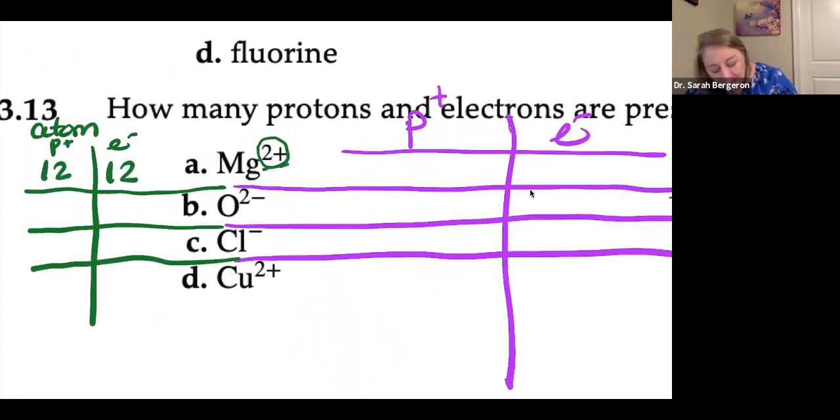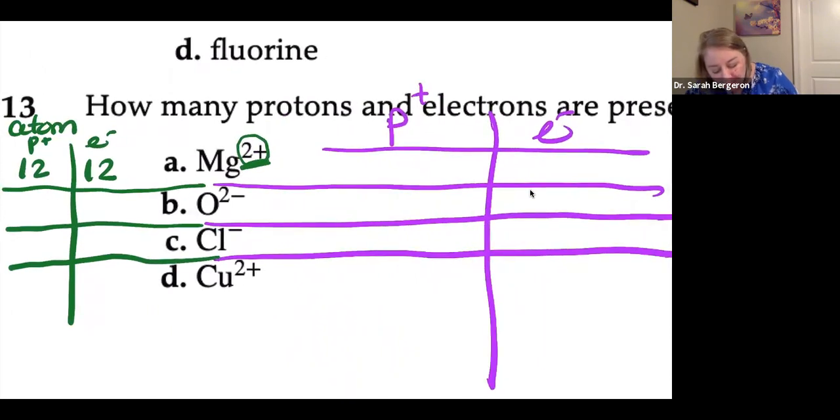But what happens here is we have a +2. That tells us that we're getting rid of some electrons. So we still have 12 protons, but we're getting rid of 2 electrons. I know it's a plus sign, and that gets you sometimes, but remember the 2+ means you have 2 more protons than electrons. So it must mean that you have 10 electrons.